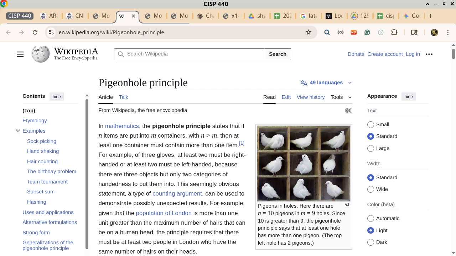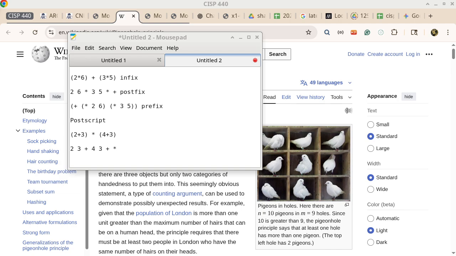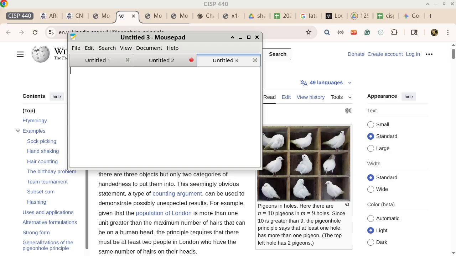The proof by contradiction goes like this. I can just write it out in a text editor. So we say there are n pigeons, and we have m pigeonholes, so we can just say m homes or nests.